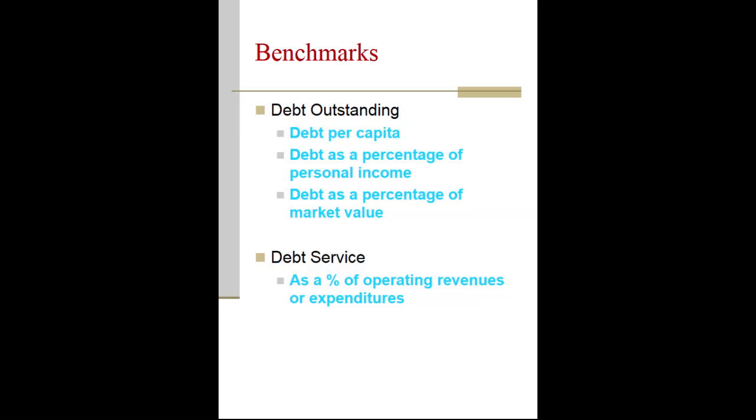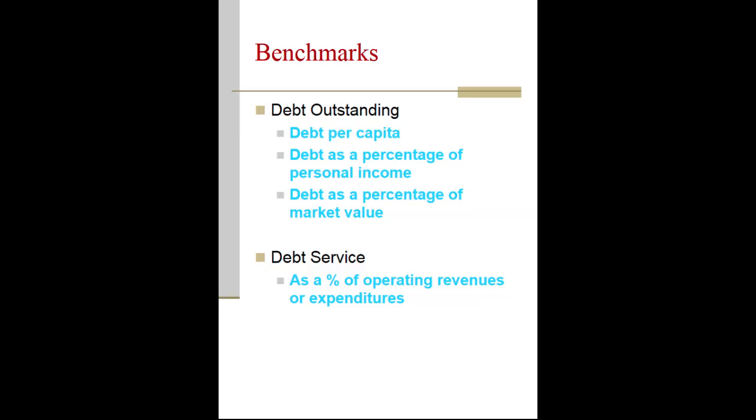And as I indicated previously, governments often look at debt per capita or debt outstanding as a percentage of personal income or as a percentage of market value of property. And so this is sort of like individuals. You may say you have a lot of debt outstanding, but relative to what? If you're rich, that debt may be manageable. If you're poor or unemployed, that debt may present a real problem.